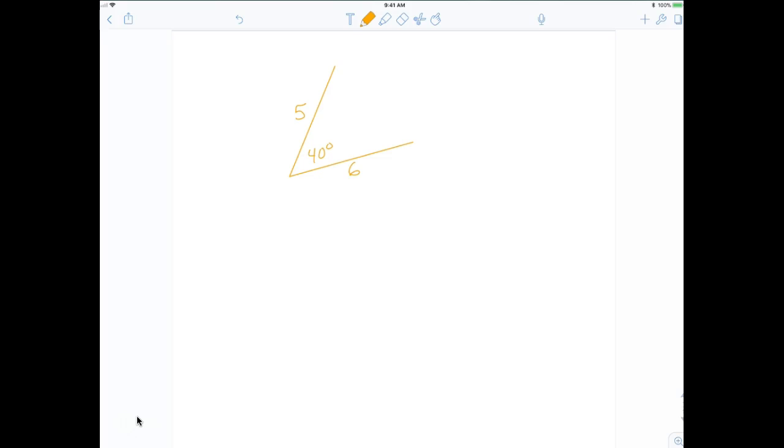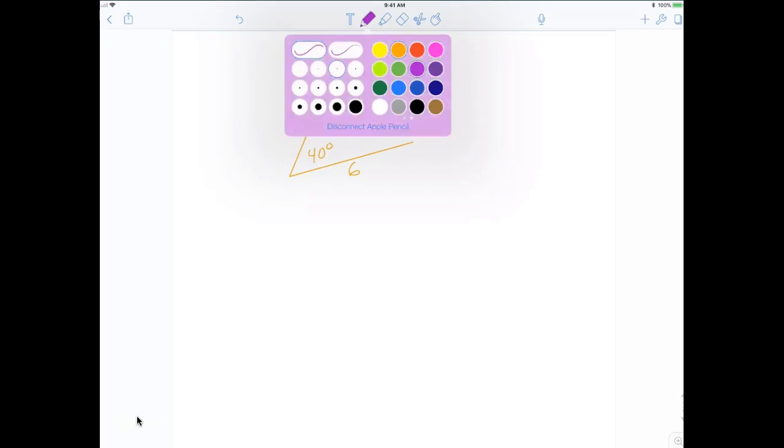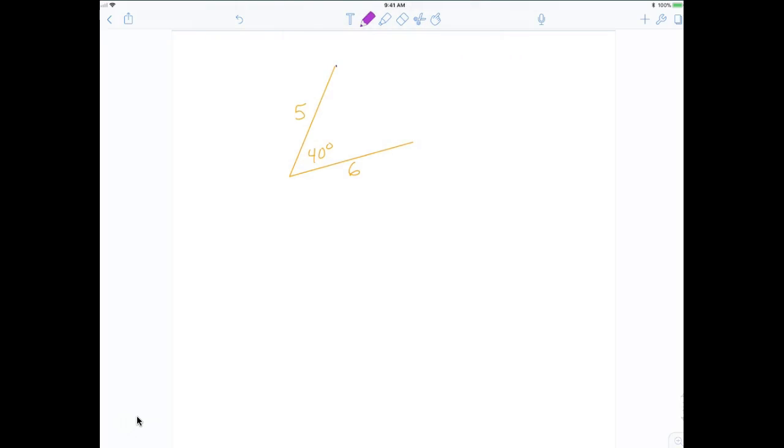Now, we know from that information that this is what's important. The 40 degrees determines the opposite side. We talked a lot about that. So this angle from here to here creates that side. The 5 and the 6 have absolutely nothing to do with that third side. How far you open the hinge determines the length of that side.